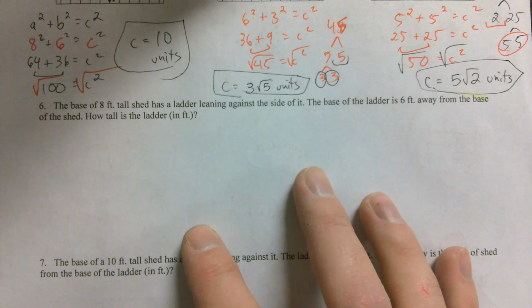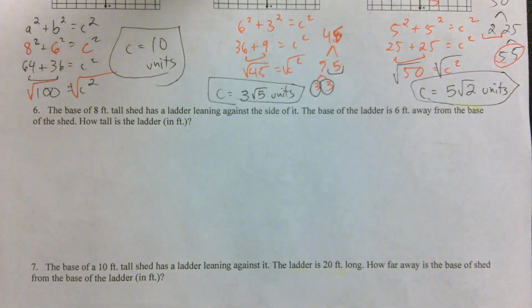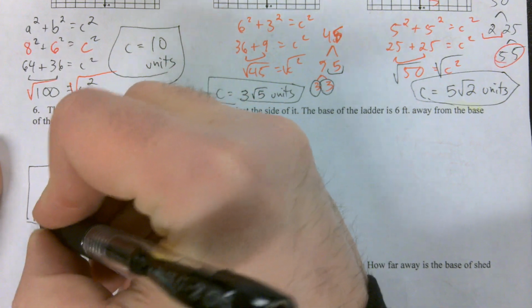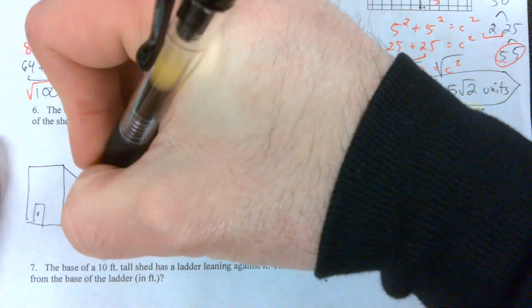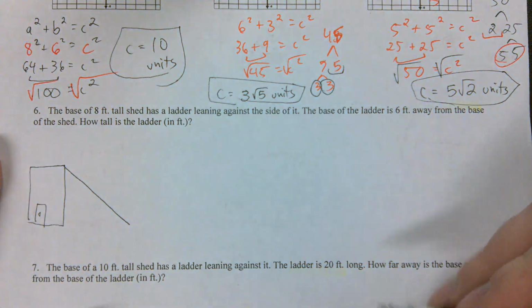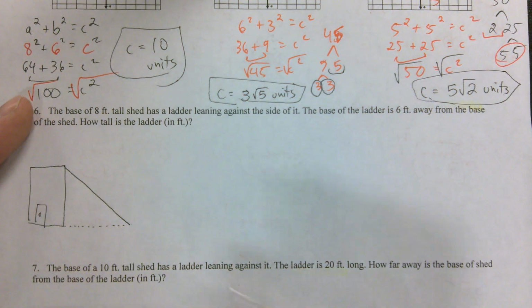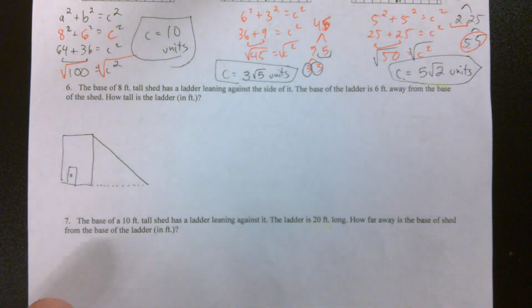So the ladder problems. We have to be very careful with the ladder problems because they're going to be asking for different things. The picture is always going to be the same. I'm going to have a little shed or a building here. I'm going to have a ladder leaning up against it. And I'm going to have some ground in between those two bases. That's what my picture should always look like.